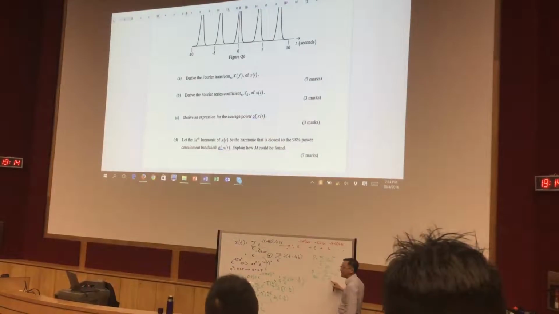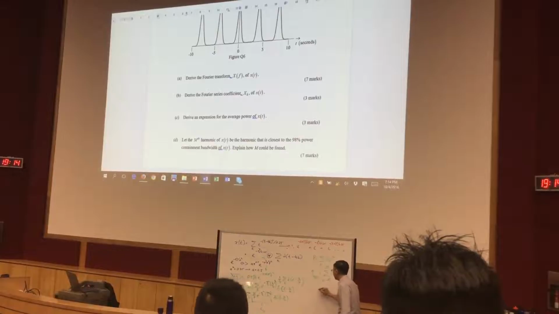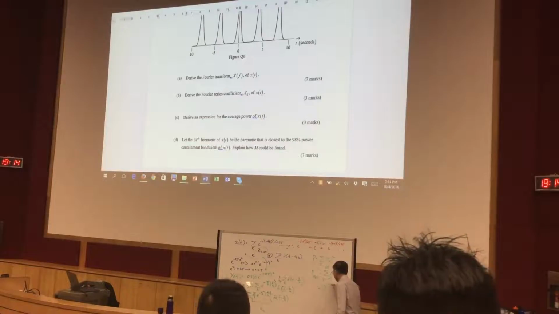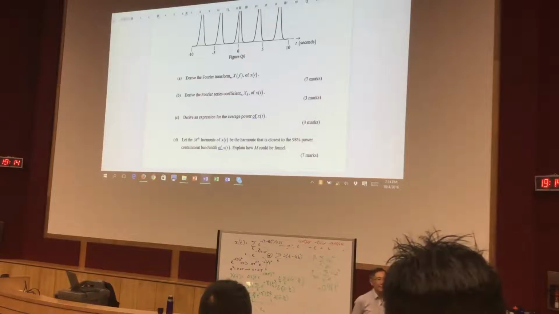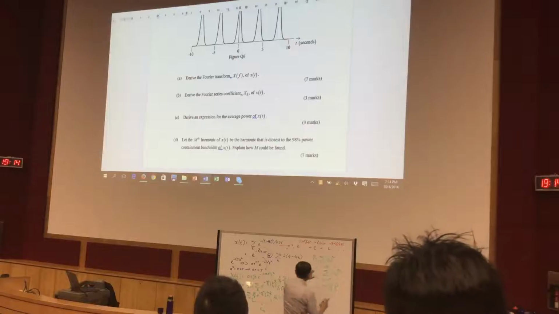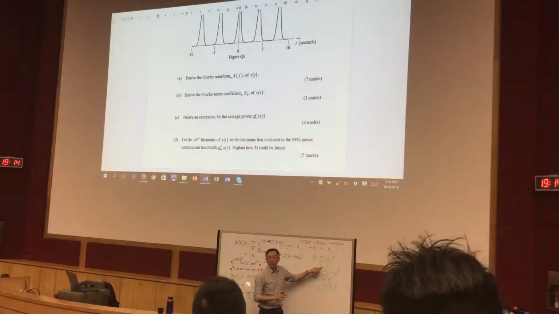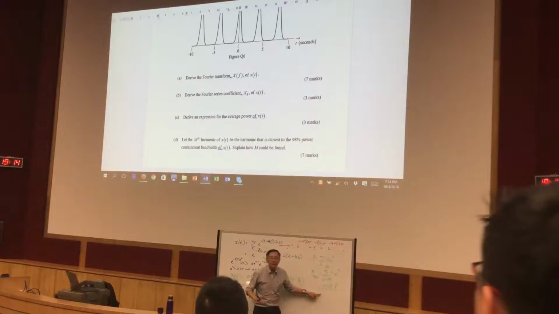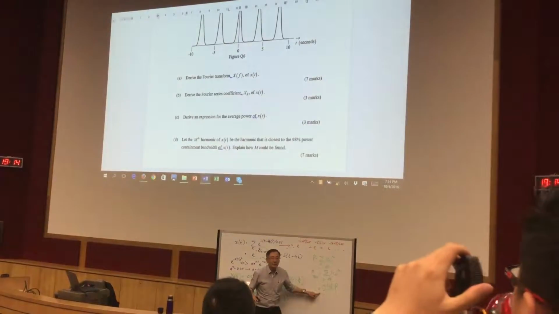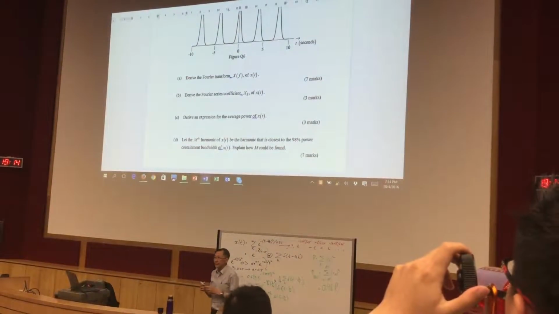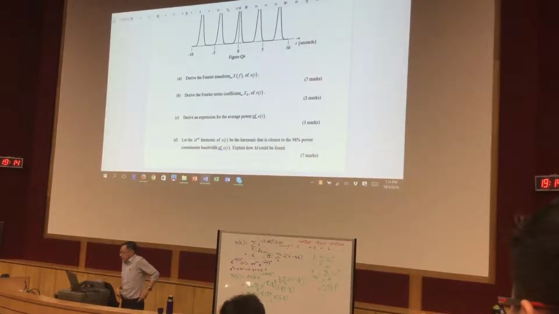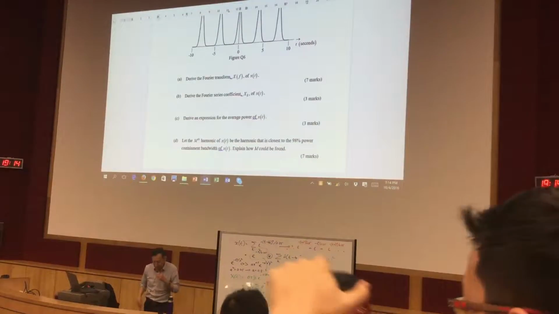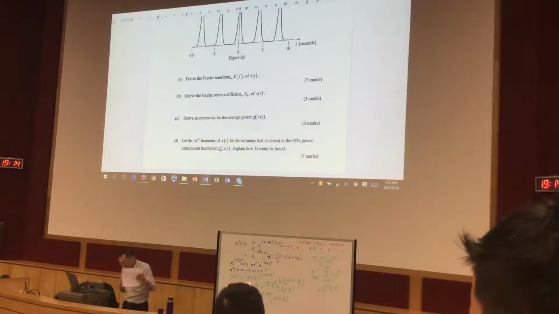You sum up to the nth harmonic, and that must be equal to 0.98P. That's what you want. Sum up to the n, not to infinity anymore. So that is question 6.